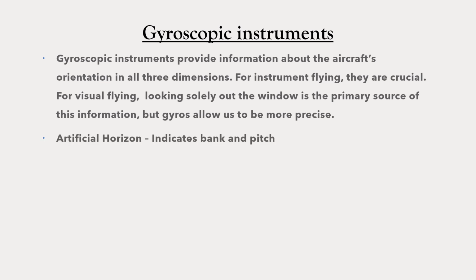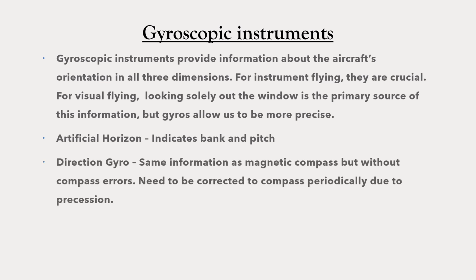So the artificial horizon is an instrument that is intended to look like you're looking at the horizon looking forward. And it indicates your bank and your pitch. A directional gyro is giving you the same kind of information that you get from your magnetic compass. And the two instruments complement each other quite a bit.